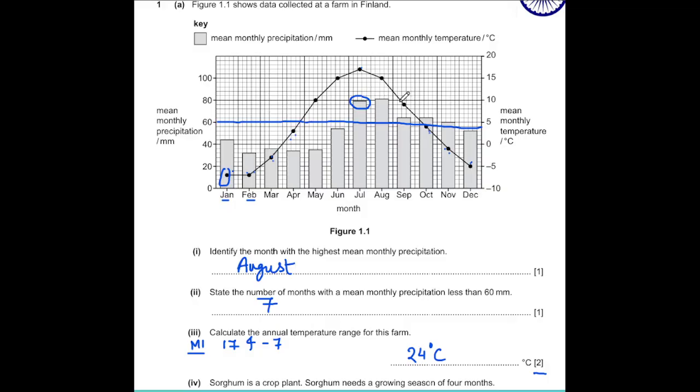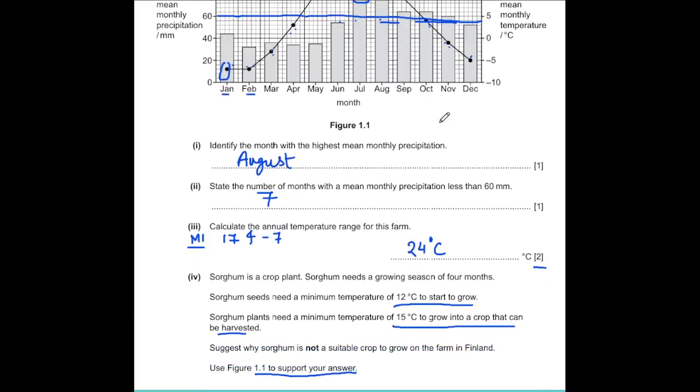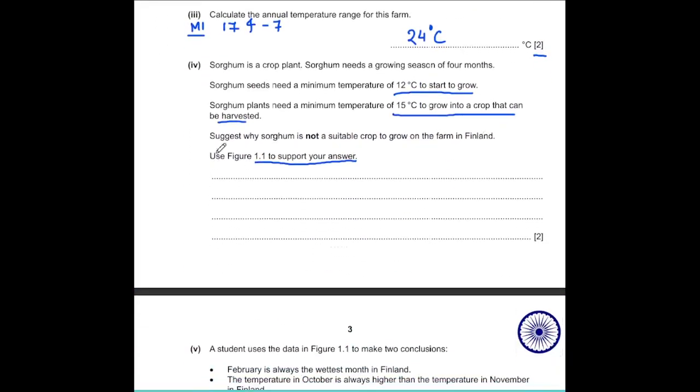Now 10 and this is above, it is 14, right? So I think it is June, July and August. These are the months where, if you see, they reach the minimum temperature to start growing. Below that they cannot. So basically let's add this to our answer first.